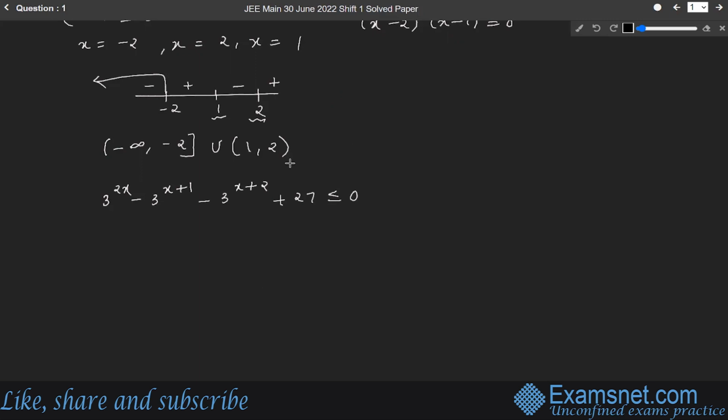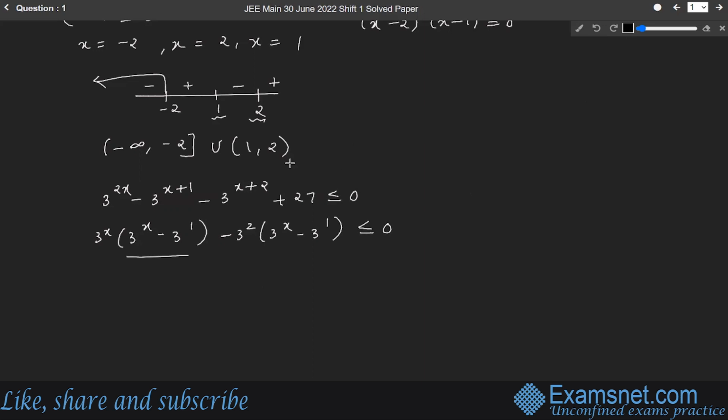So from the first two terms, let us take 3 power x common. So if we take 3 power x common, then what are the remaining terms? This is 3 power x minus 3 power 1. Then from the next two terms, if we take 3 square common, then what are the remaining terms? The remaining terms are 3 power x minus 3 power 1, right? It is less than or equals to 0.